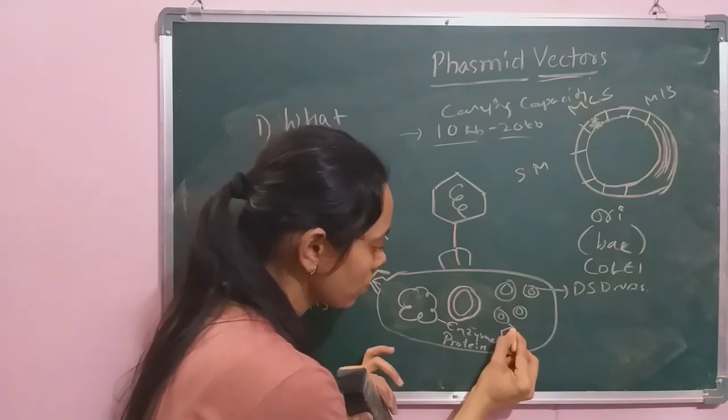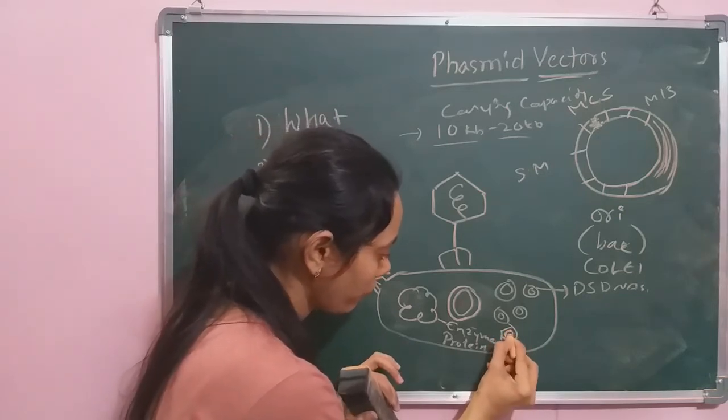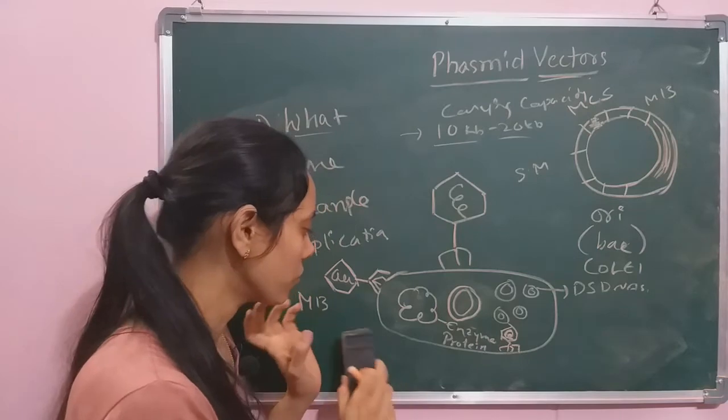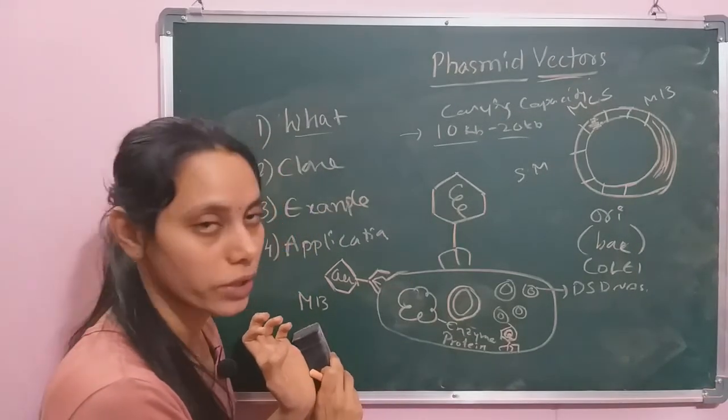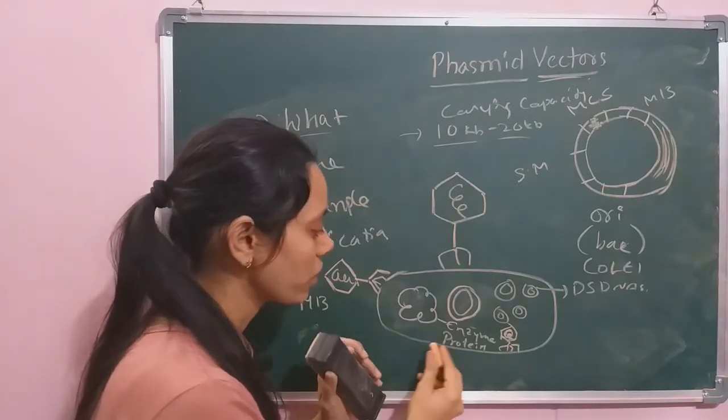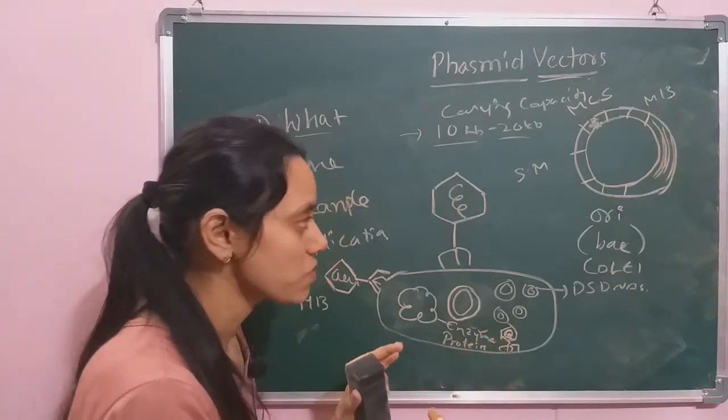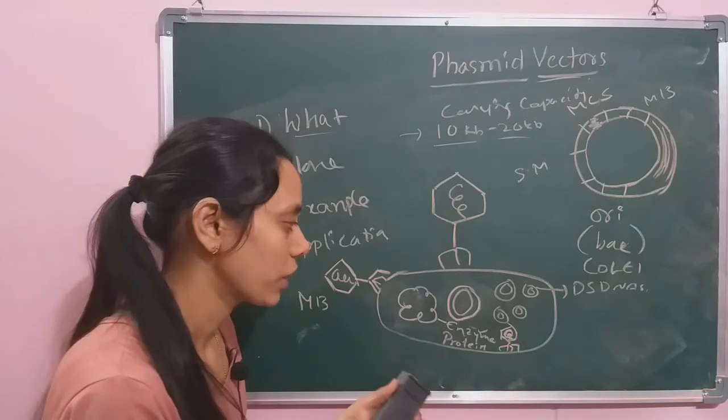to package recombinant DNA. So once we infect this bacteria with the co-infection of the helper virus, the helper virus will produce enzymes essential for the rolling circle mode of replication.